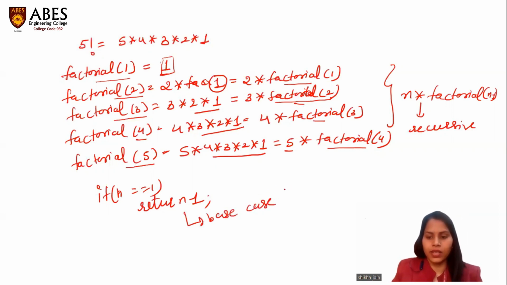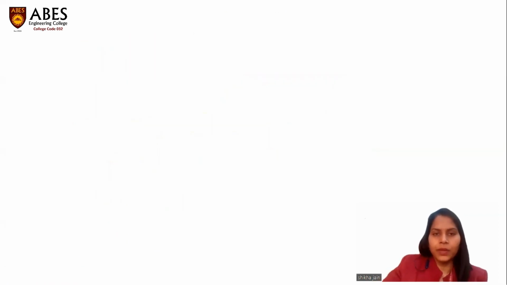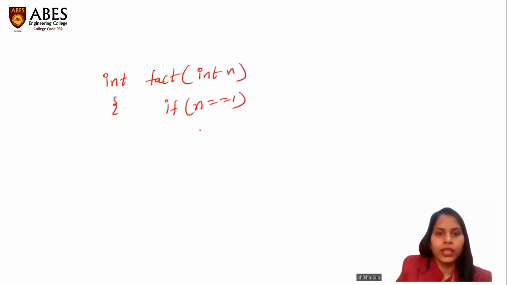Now if I write it in the basic structure that we have seen in the last slide, the complete code for this recursion is int fact(int n). This is the argument. And what is the base case? If n equals 1, then it returns 1, means factorial of 1 is 1.